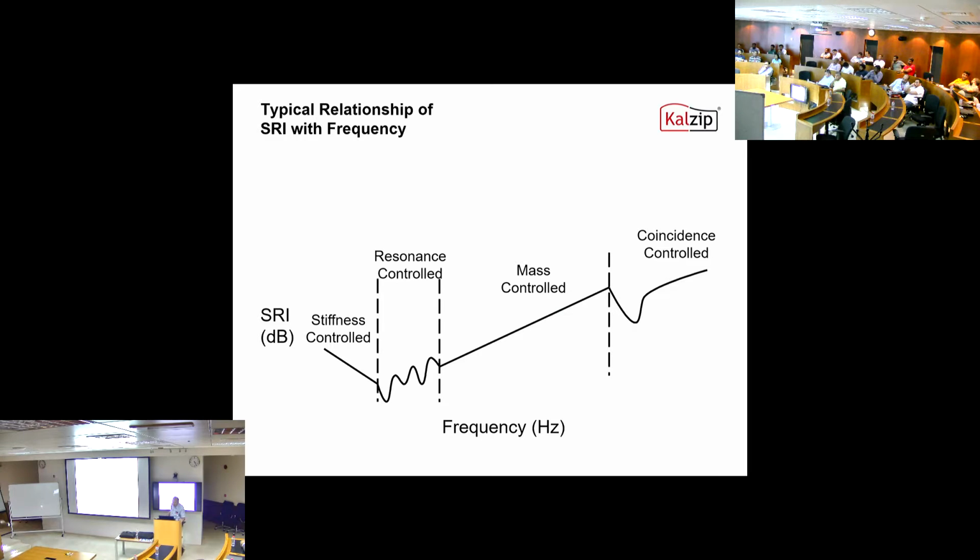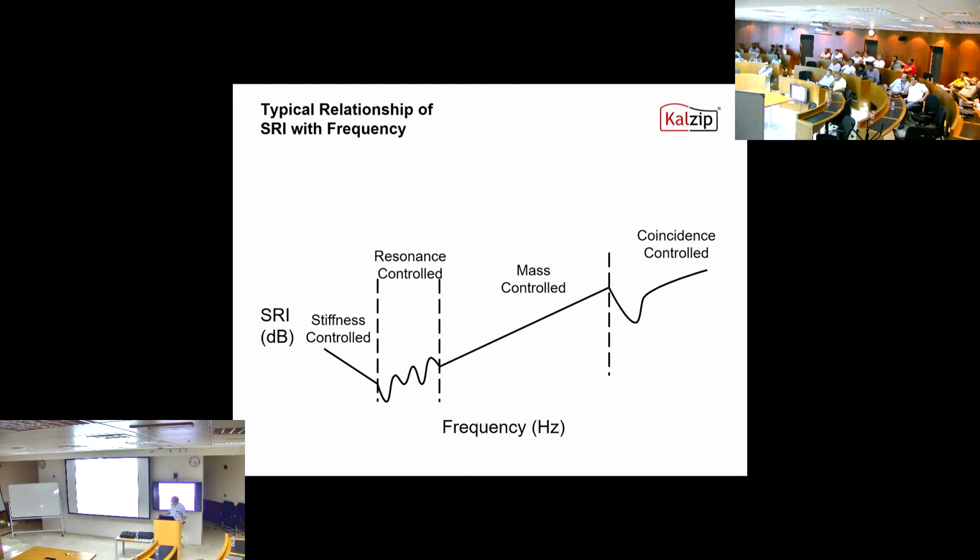Again, I don't know if you get involved with acoustics too much, but this is showing the relationship between frequency and mass. And this is the bit we can control, the mid-range frequencies, where we can add mass to our systems.